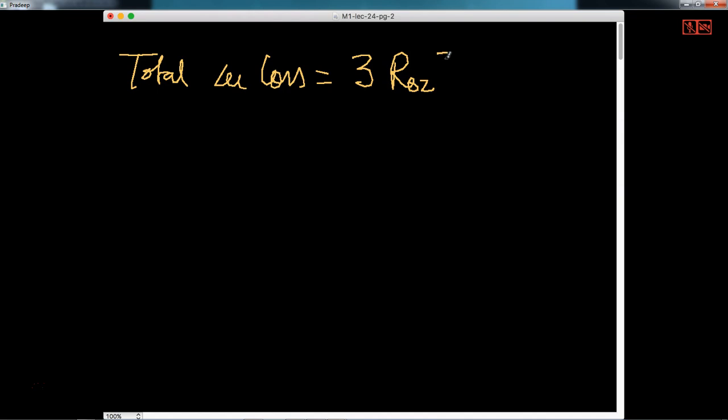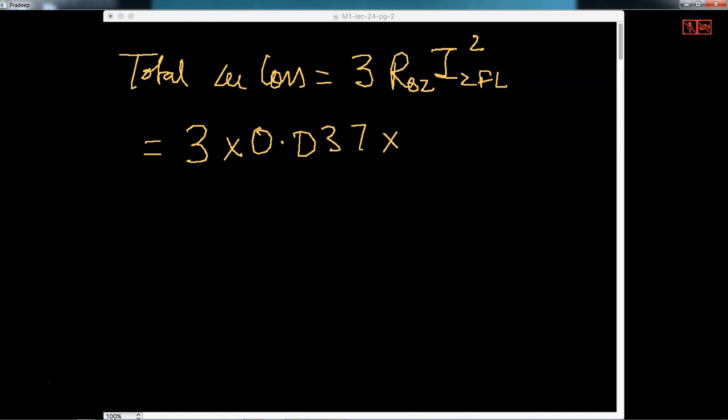So 0.037 multiplied by I2, which we calculated as 144.1, squared. If you simplify this, you will get 2305. Now we got 2305 watts.